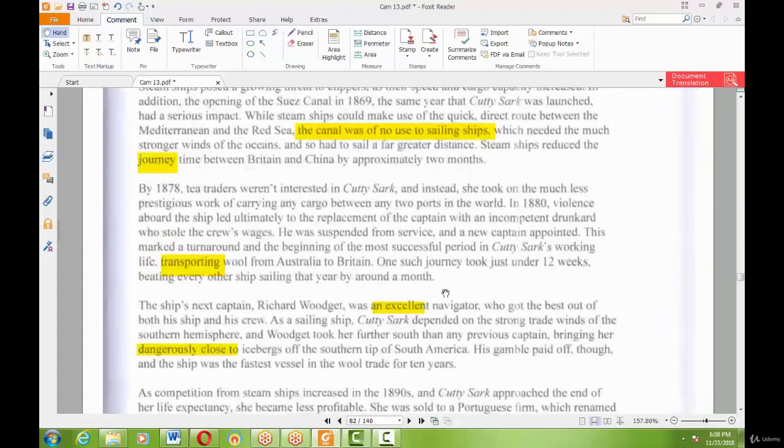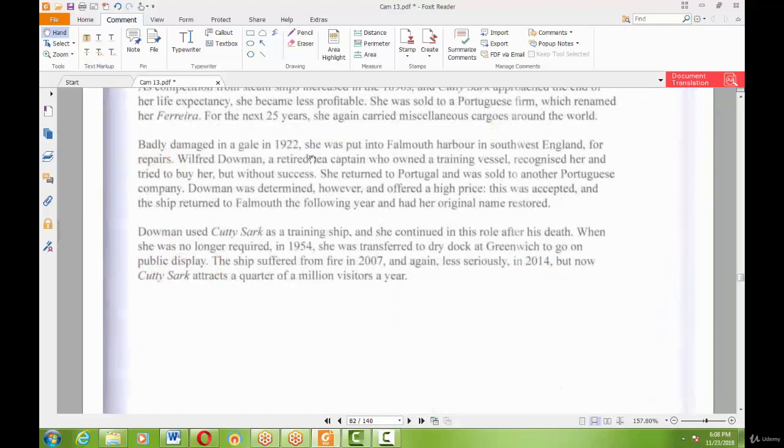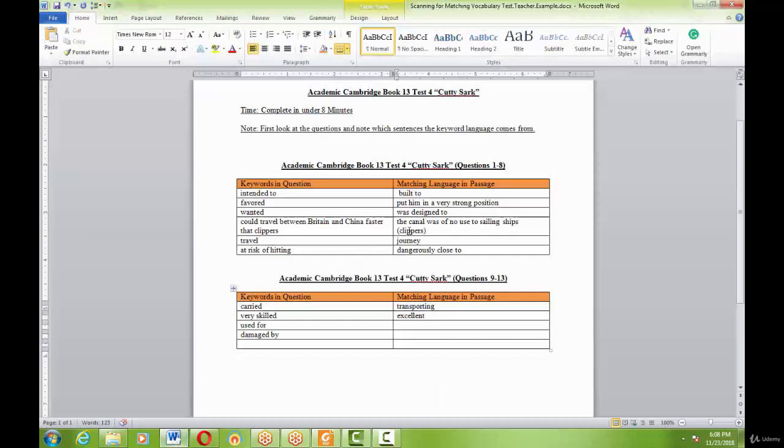Here's 1922. Here's 1954. Okay, here's used as a. Used for. Used as a.